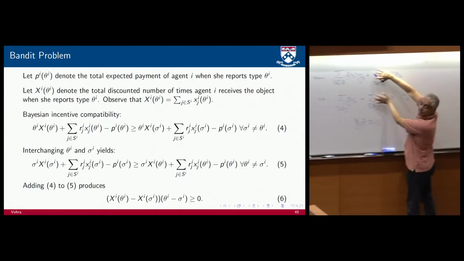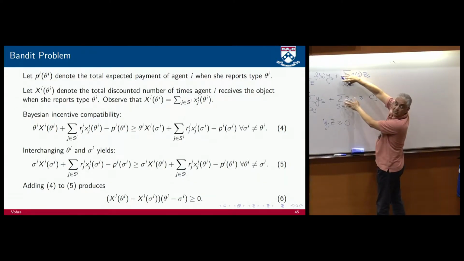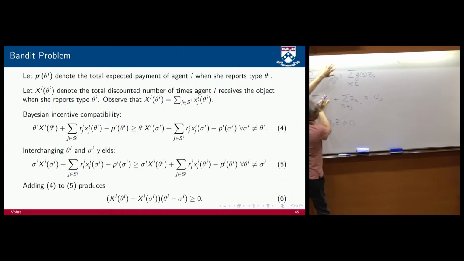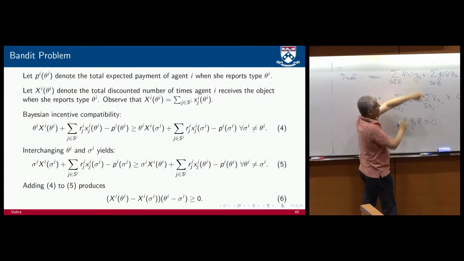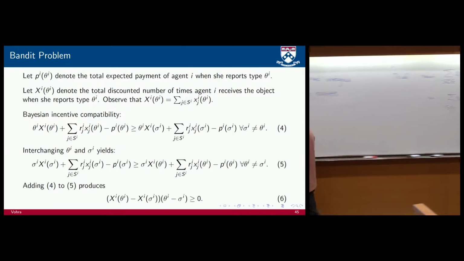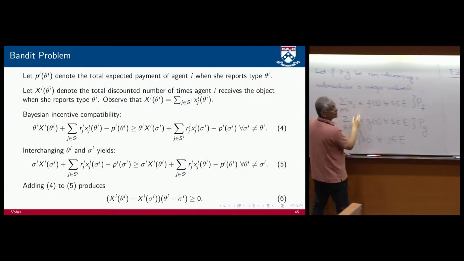If you cover this up, this is the dual to the problem of optimizing over a single polymatroid. If you cover this up, this is the dual to the problem of maximizing over the other polymatroid. So this is what you'd expect if I have to optimize over this and this.